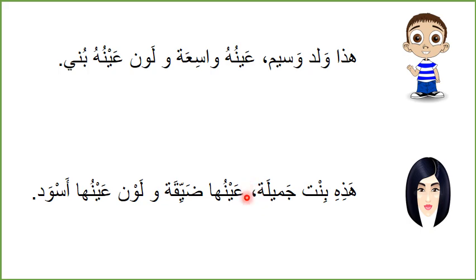And then again فاصلة, a comma. عينها ضيقة, her eyes are narrow, ممتاز. ولون عينها أسود, her eye color is black. And as you see here, there is no is in Arabic, so you just say the noun followed by the adjective, the noun followed by the adjective. أحسنتم.